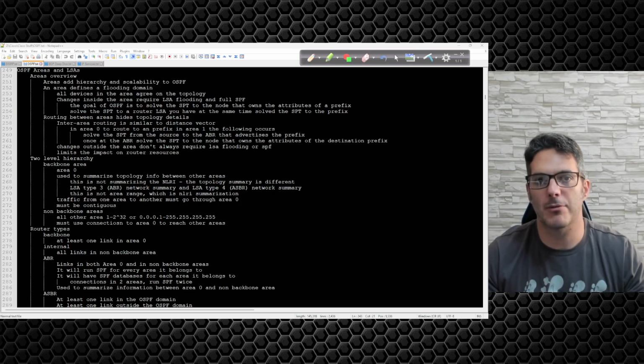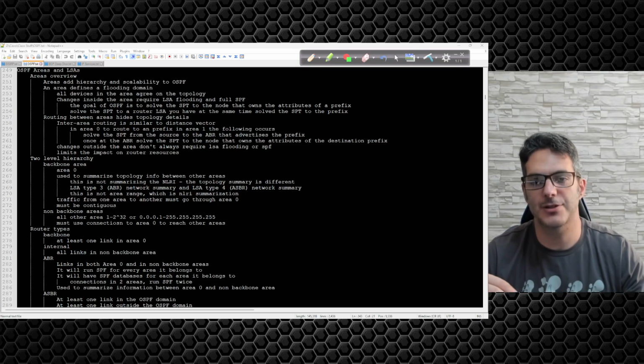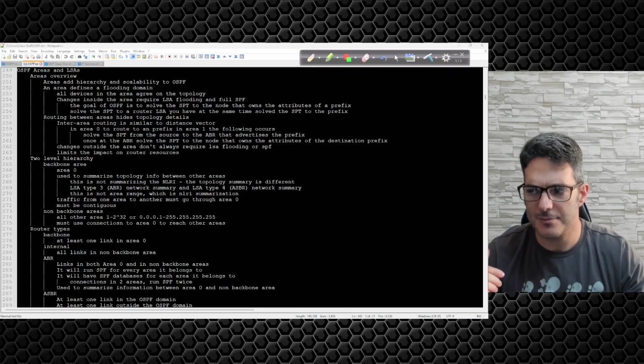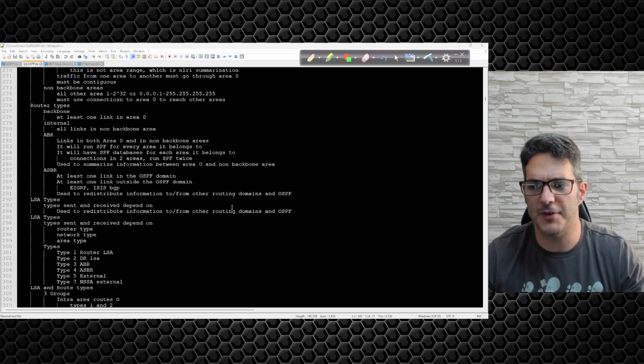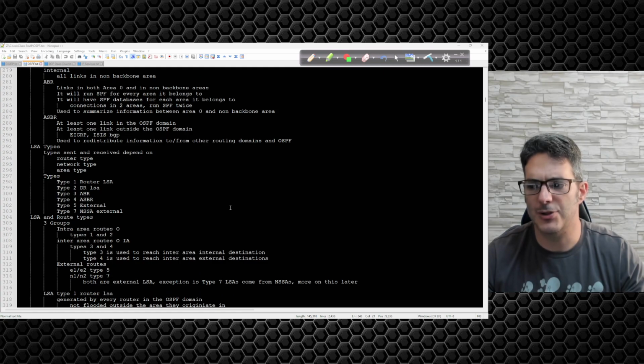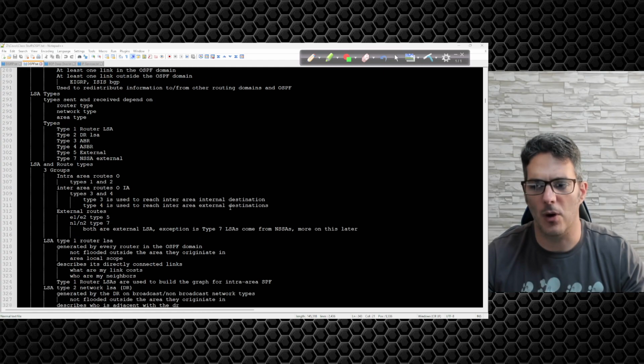OSPF is probably one of the most complicated routing protocols there is in terms of its scale, capability, and so on. So when we dig into this, I've taken a lot of notes as to what you need to be aware of and how they work.